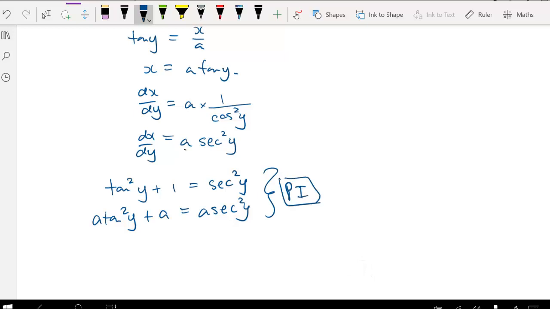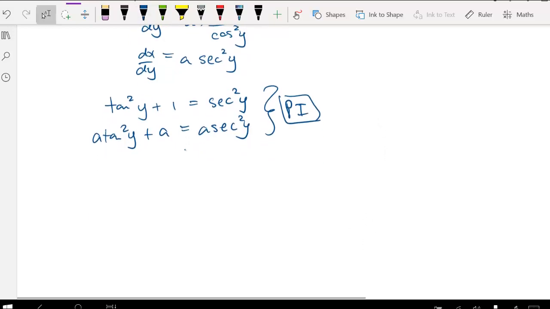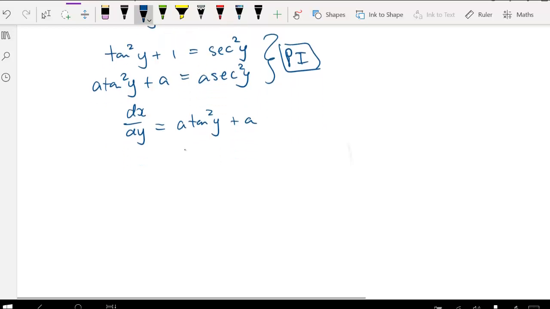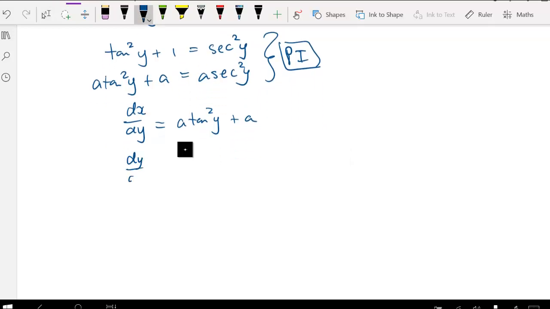So again, it's a Pythagorean identity application, and therefore we get dx/dy is equal to a tan²y + a. Now we want to flip this over. So we want dy/dx is equal to 1/(a tan²y + a).